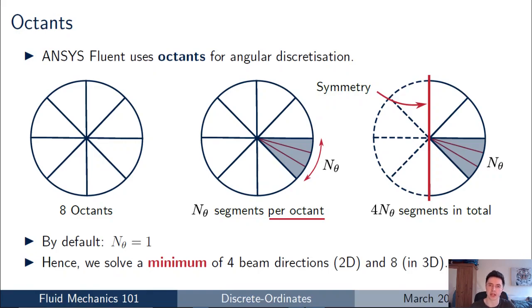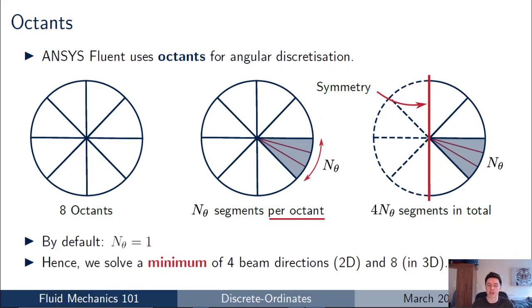So an octant is an eighth of 360 degrees. And ANSYS Fluent allows you to specify the number of segments that each octant will be divided into. So if you look at the second image there, when you set n theta, that's a parameter in ANSYS Fluent, you're selecting the number of segments that you divide each octant into.